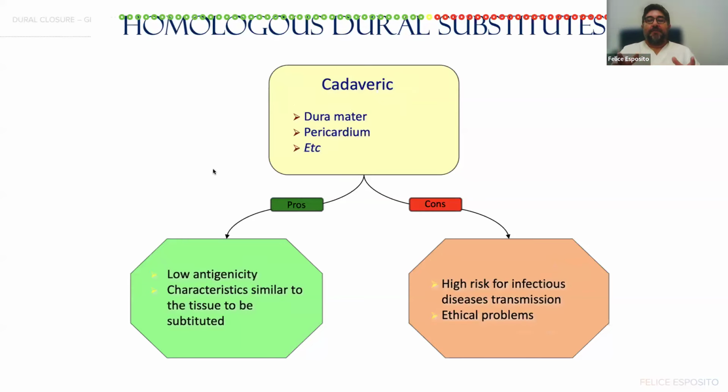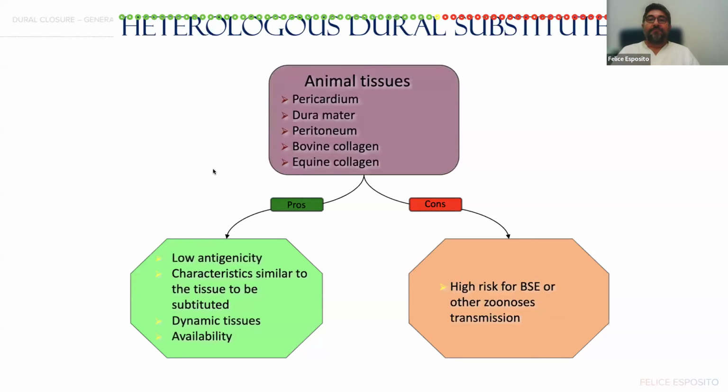We may have the possibility to use homologous substitutes from cadavers, but on the other hand, we have to consider that in some countries we may have ethical problems with using cadaveric tissue, or we may have a slightly higher risk of transmission of infectious disease, like Creutzfeldt-Jakob and so on.